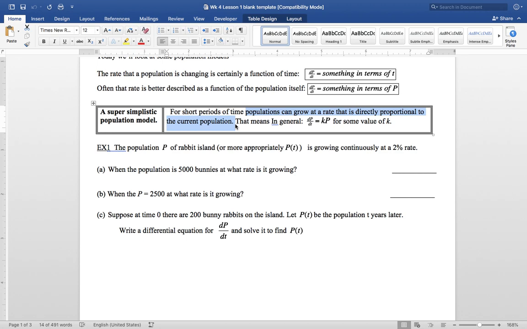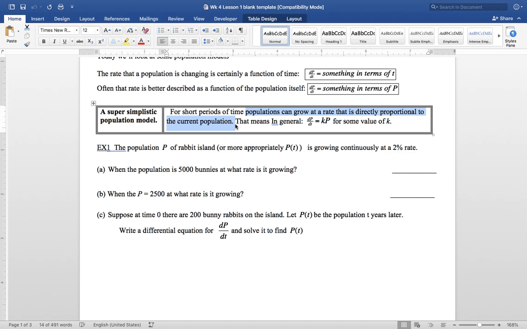If you have some population of deer or rabbits or whatever, and you want to talk about the rate of growth of that population, then isn't it true that the larger the current population, the more quickly the population is growing? So if, for example, there are only a dozen rabbits on an island, probably the rate of growth of that population is not very great.